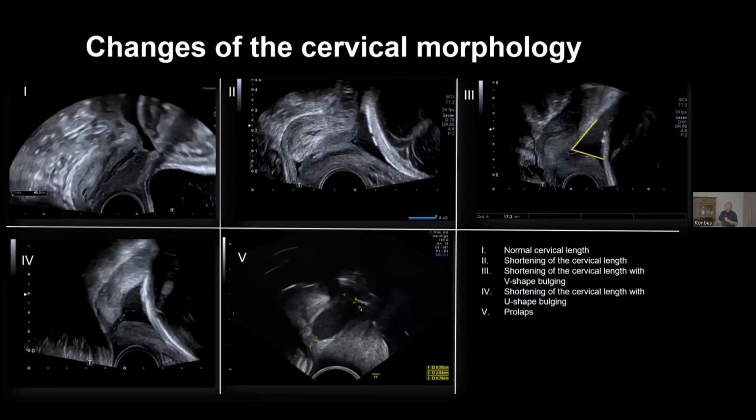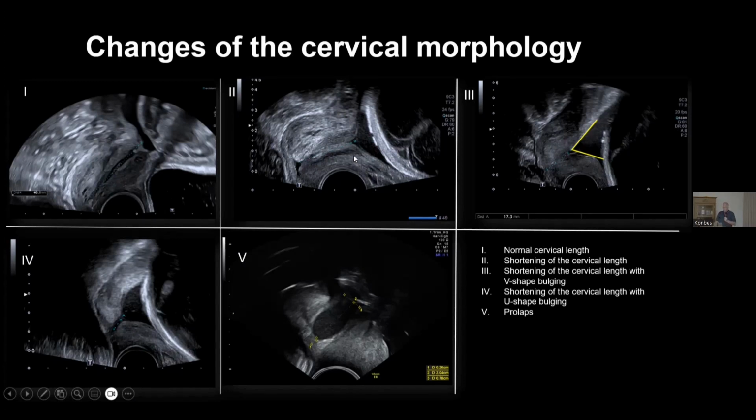So this is also a very important thing to evaluate in a good pregnancy: to look at the cervix. We can do it also through the abdomen, with a full bladder, but the best images we can get by transvaginal sound. I'm not sure how often it's performed in these countries, but we do it in Germany very often, and measure from the inner to the outer length of the cervix.